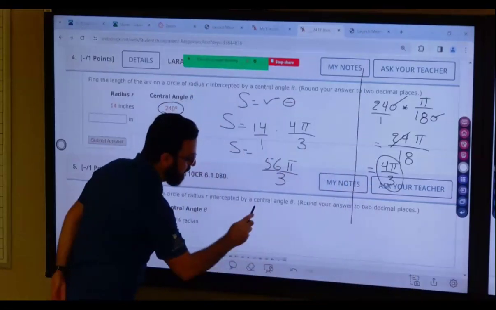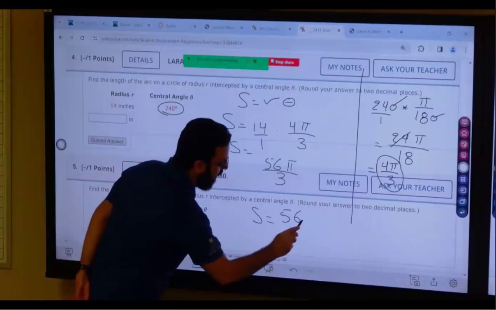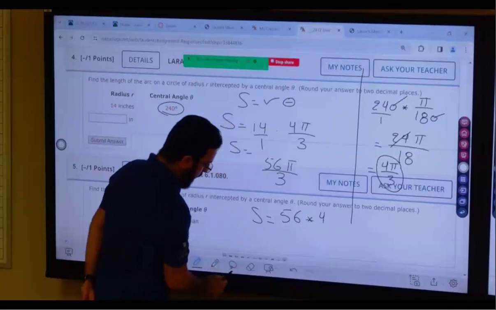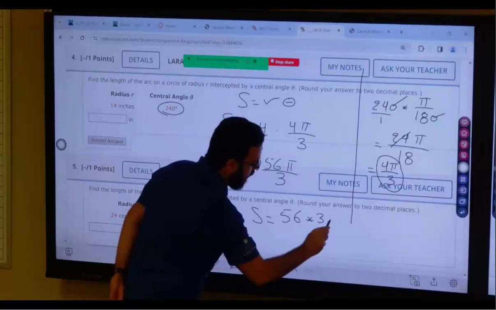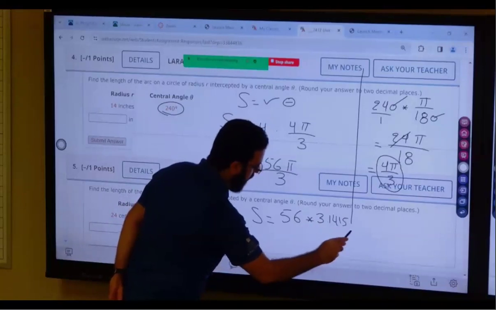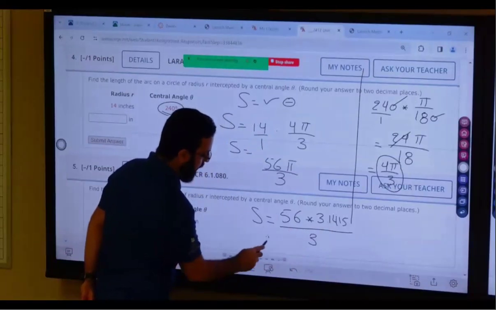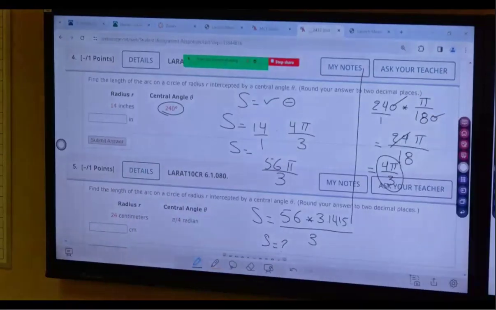So the arc length is going to be 56 times pi, which is 3.14, over 3. Multiply these, divide by 3, and you're going to get that result.